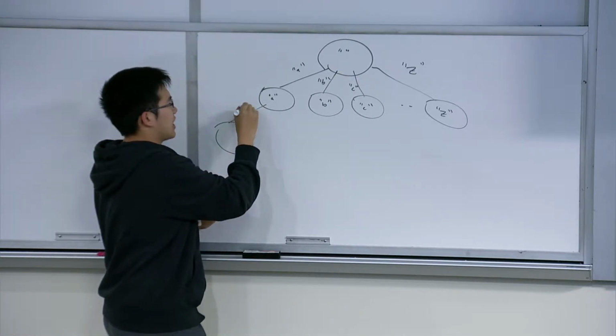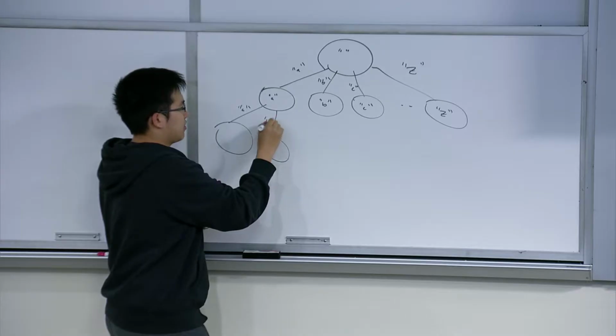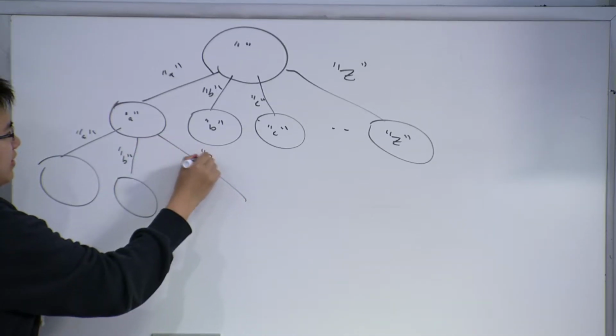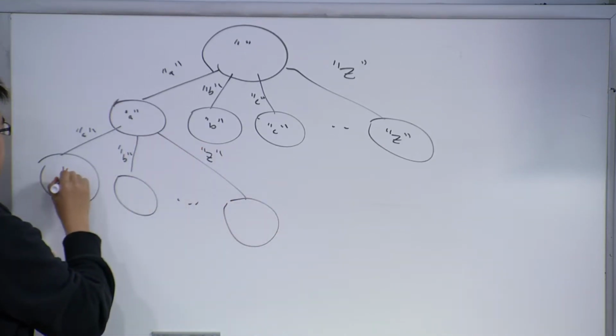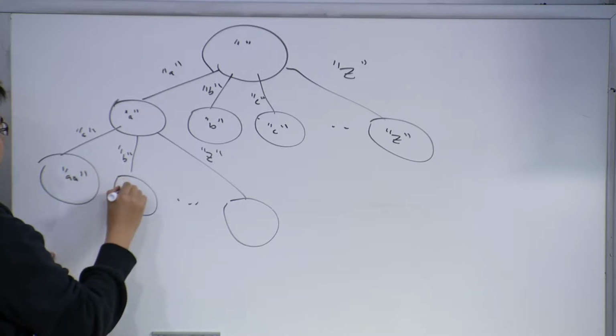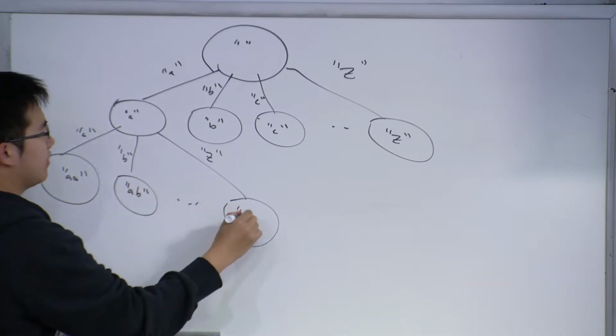So we can also choose A, B, all the way up to Z. This would be AA, this would be AB, this would be AZ.